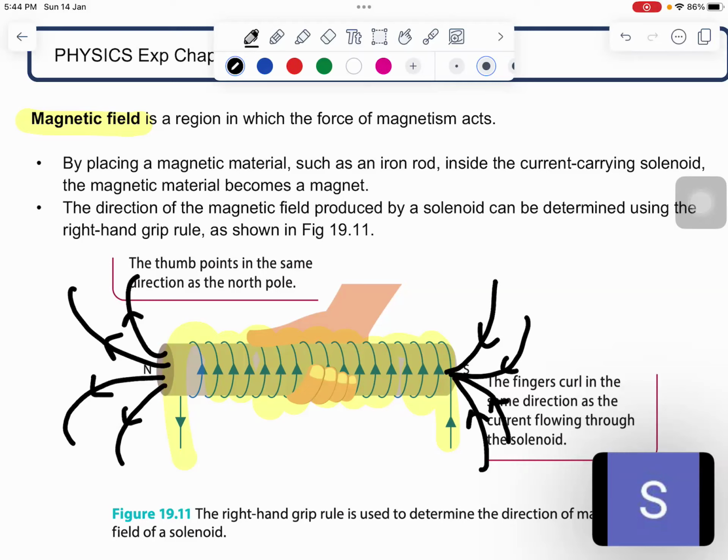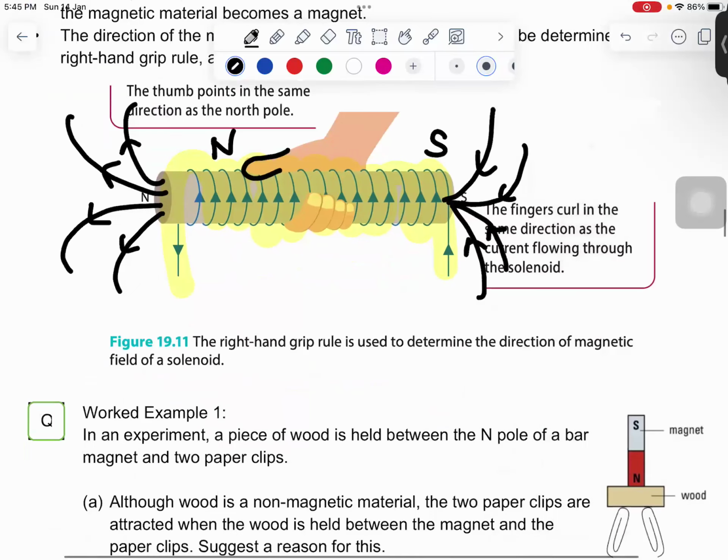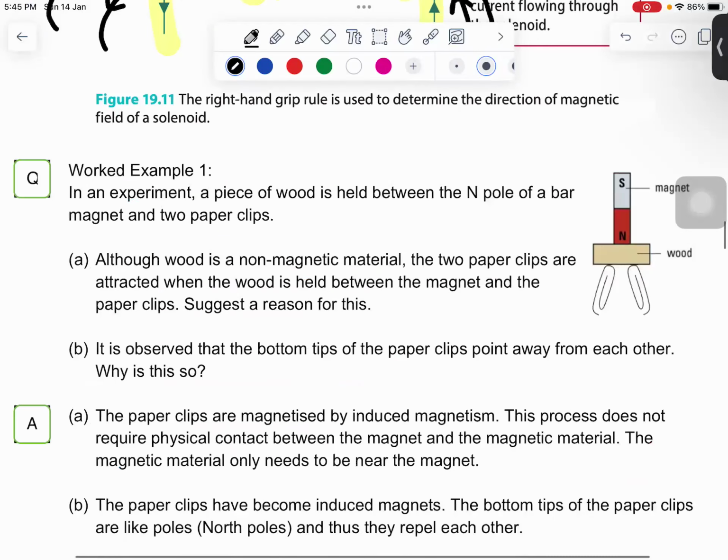Okay, using the right-hand grip rule, your fingers curl in the same direction as the current flow. Your thumb will point in the direction of the North Pole. So the back will be the South Pole. Okay, next. You can pause here to look at the worked example 1.